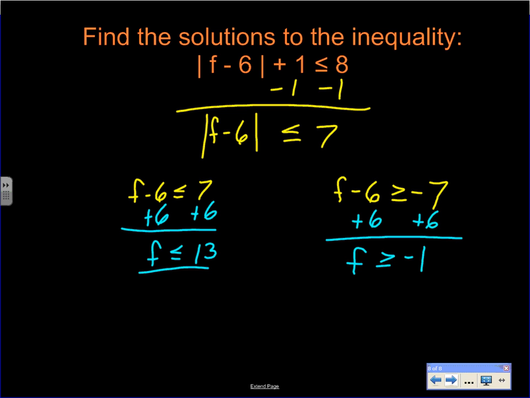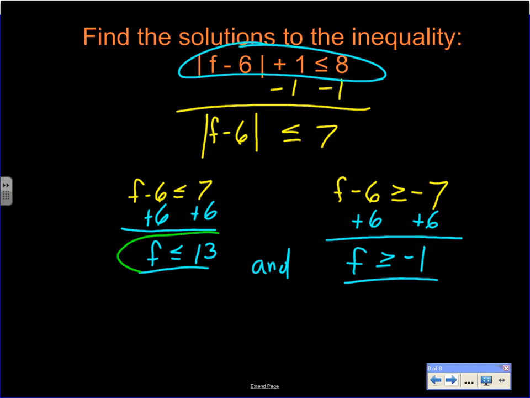If f has to be less than 13 and it has to be greater than negative 1, we know that this is going to be an and in order to make this absolute value inequality true. So your two answers: f has to be less than or equal to 13, and it has to be greater than or equal to negative 1.